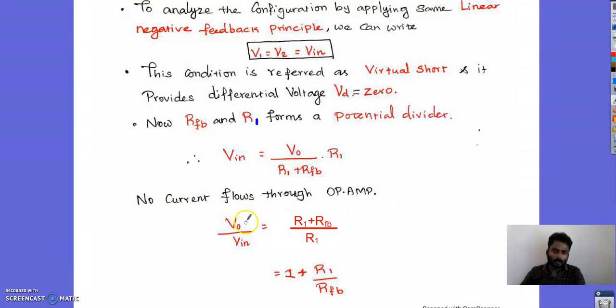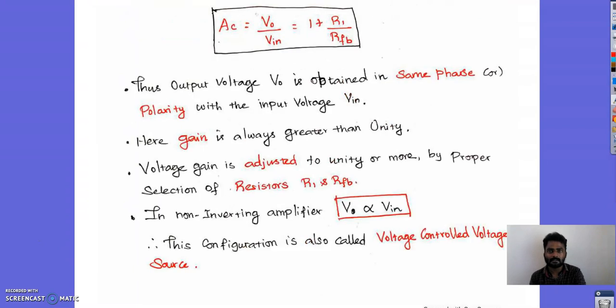So the output voltage divided by the input voltage, from this expression, is rewritten as R1 plus RFB, that is input resistance plus feedback resistance, divided by input resistance. This can be rewritten as 1 plus, since R1 and R1 get cancelled, RFB divided by R1, that is feedback resistance divided by input resistance.